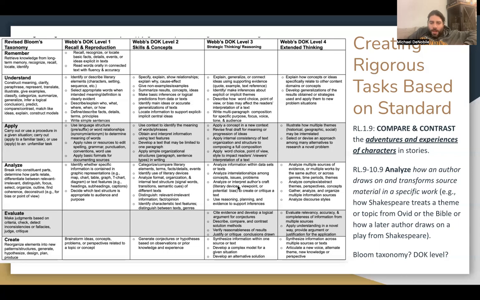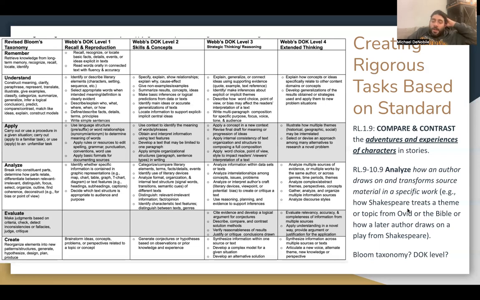So I may have them cite information from the texts. For this one, the standard is to analyze how an author draws on and transforms source material in a specific work.